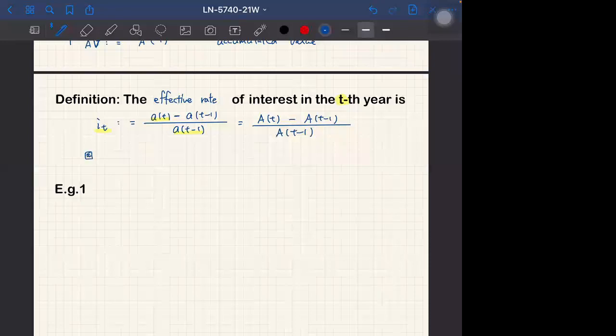So for example, if i sub t is equal to 0.08, that means the amount increases 8% in the tth year. So 80 increases 8% in the tth year.